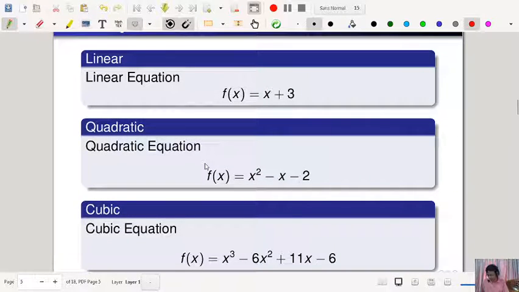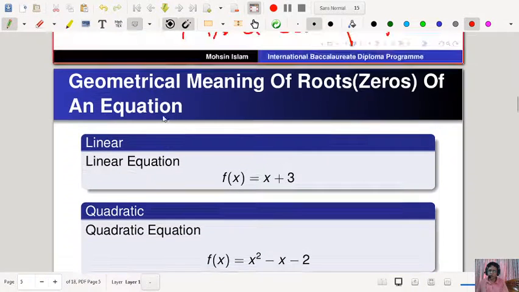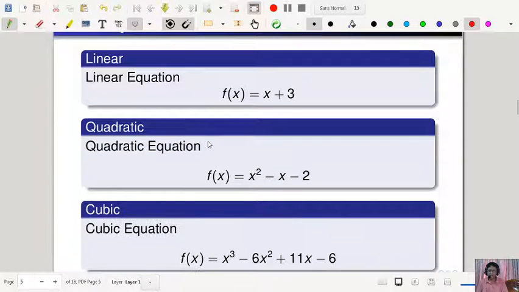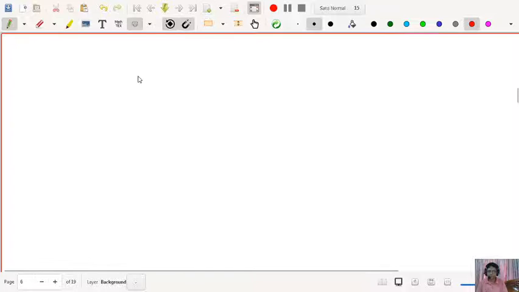Now let's see what the geometrical meaning of zeros is. Take a linear equation f(x) equal to x plus 3. Let me draw it.